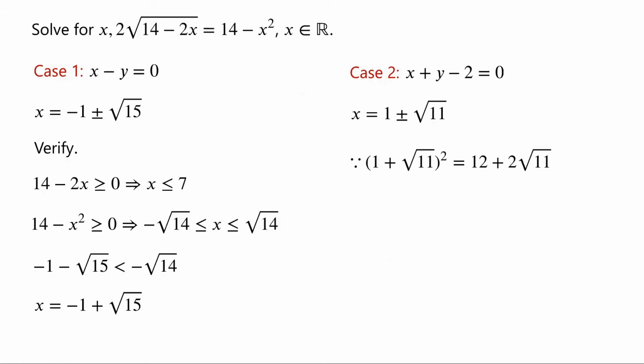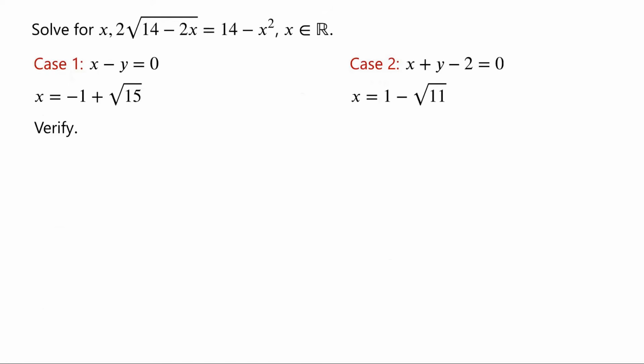Because 1 plus root 11 all squared is equal to 12 plus 2 root 11, which is greater than 14, 1 plus root 11 is greater than root 14. So, x equals 1 plus root 11 cannot be a solution. That is, for case 2, only x equals 1 minus root 11 is a potential solution. Now we verify whether they are solutions of the original equation.